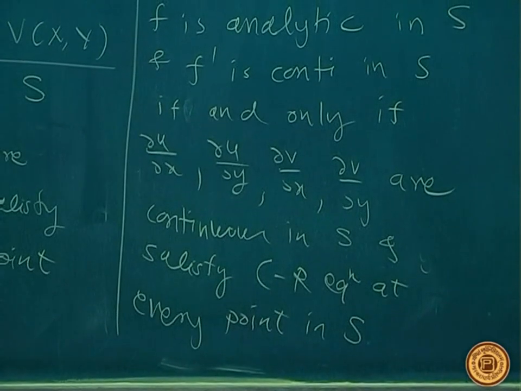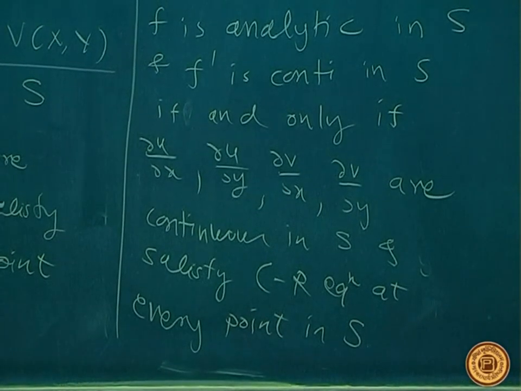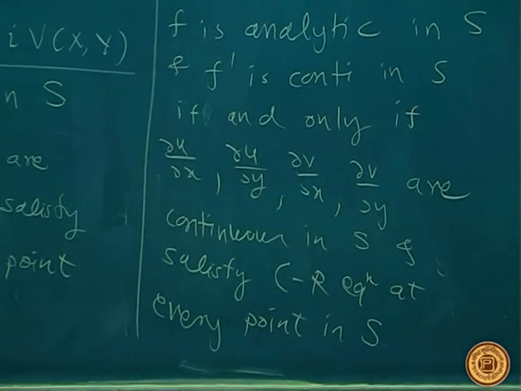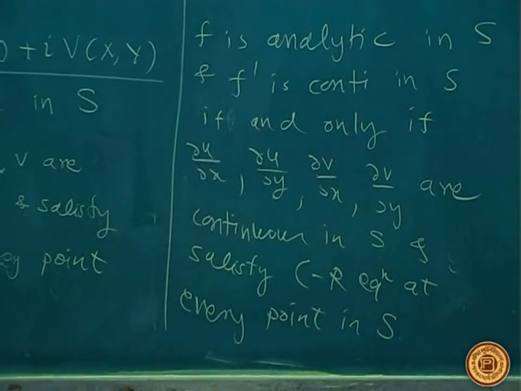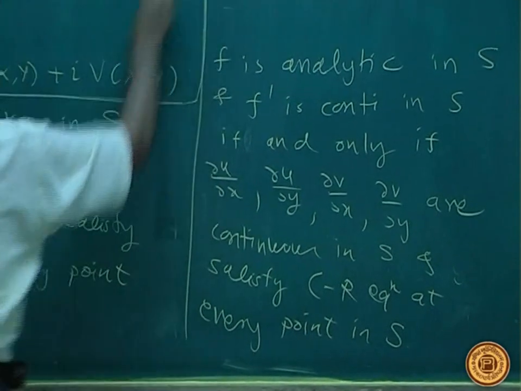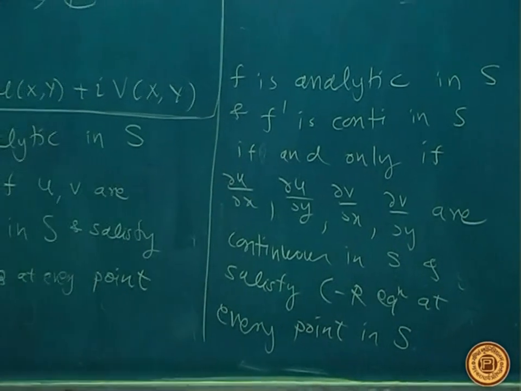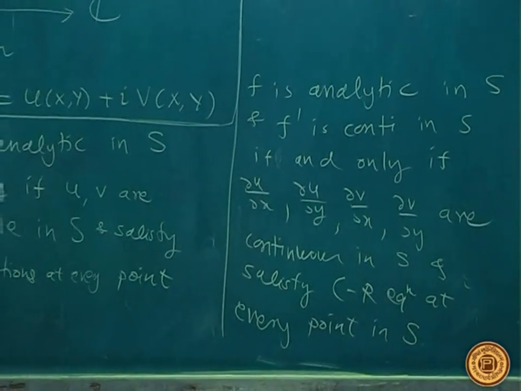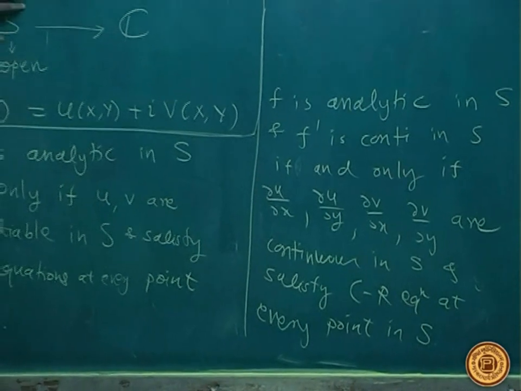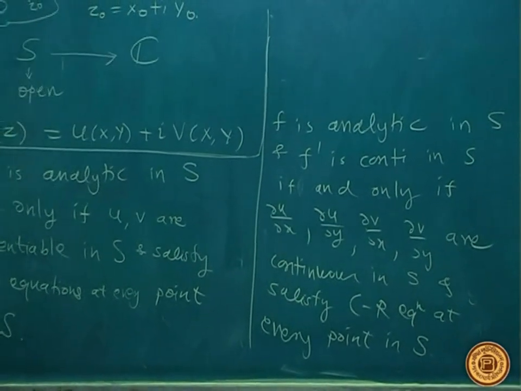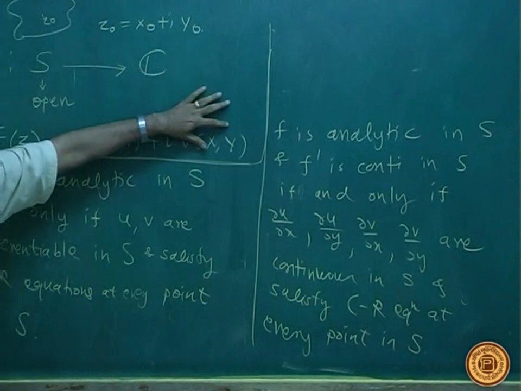Now read both the statements carefully. This is the setup and we have these two statements. f is defined on an open set, complex valued. f(z) is u(x,y) plus i v(x,y).